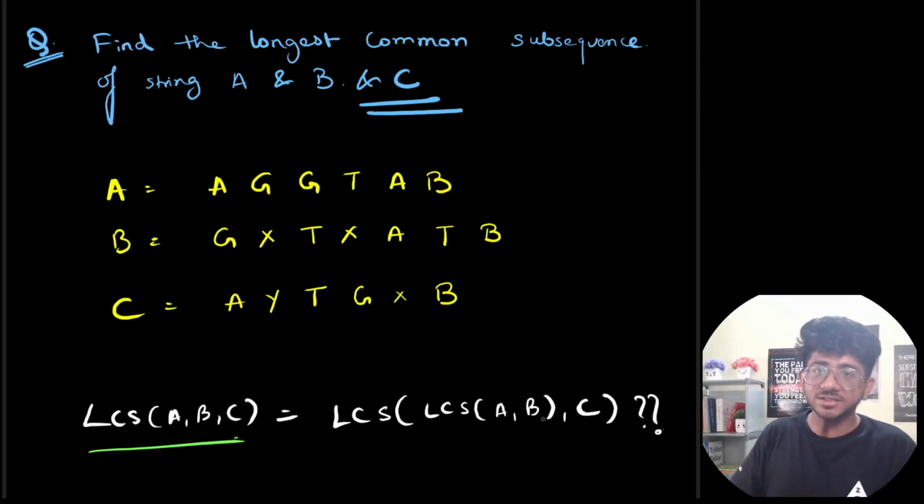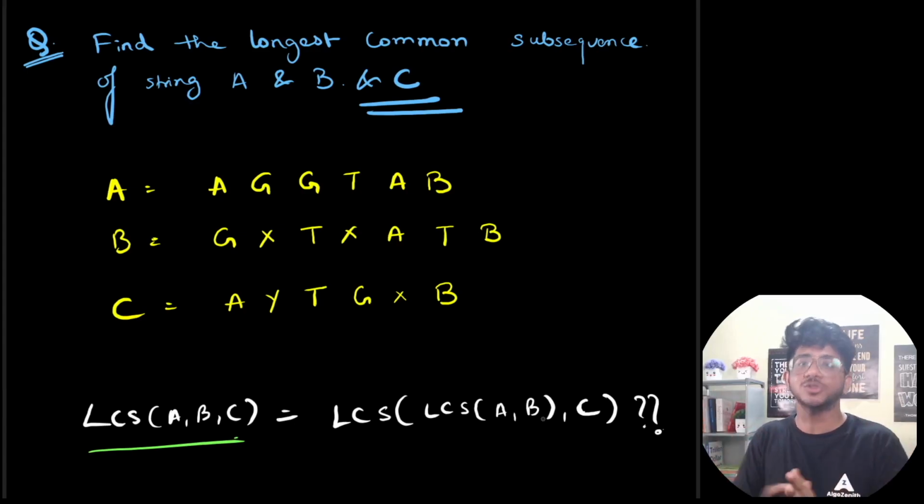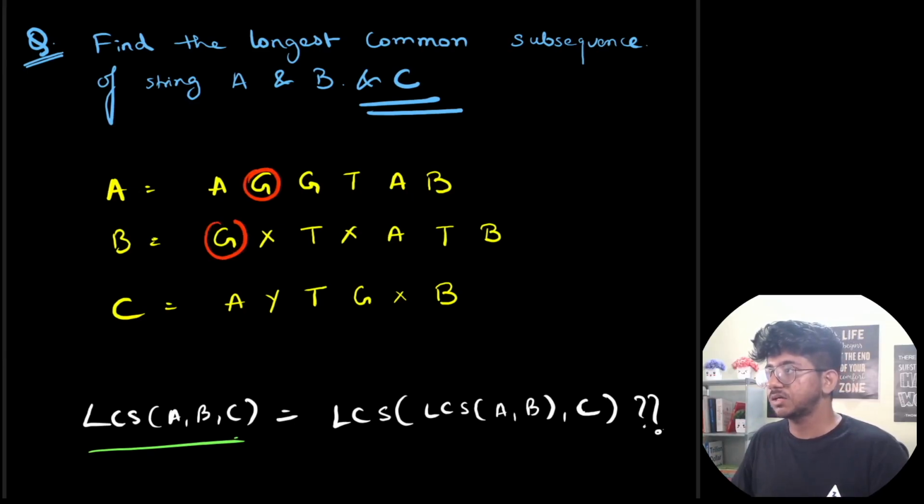The problem with that is the longest common subsequences are not unique. The length is unique, but the sequence itself is not unique. There are multiple possible ways in which you can get it. So in this case, G, T, A. One option between these two, I'm going to write it over here. One option between these two is G, T, A, B, right?